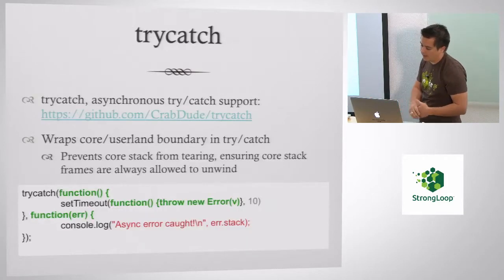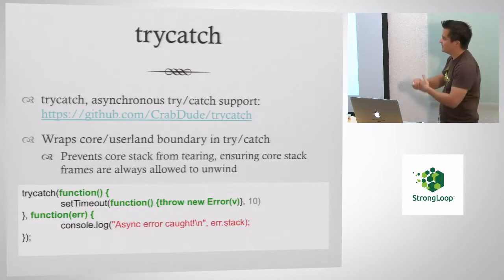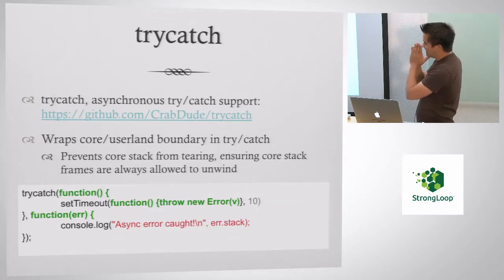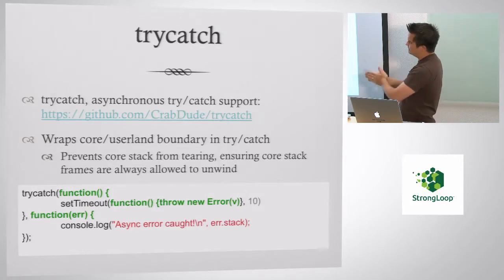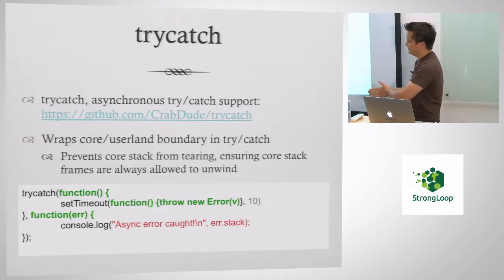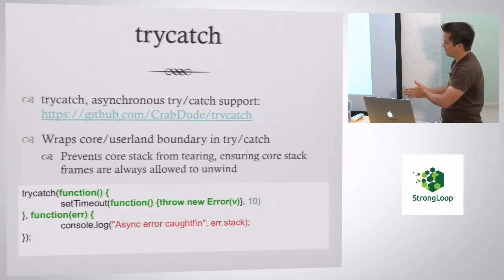So that's why I wrote a library called try-catch. Try-catch essentially wraps the userland core boundary in a try-catch. It's not a salvation. It's a very pragmatic solution to a problem that doesn't have a solution in Node. Essentially this is an asynchronous try-catch.